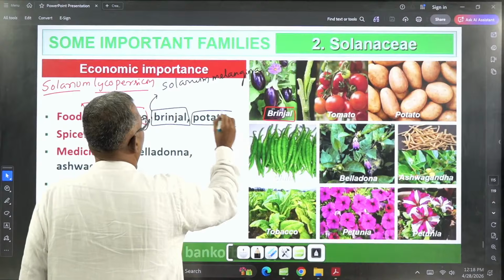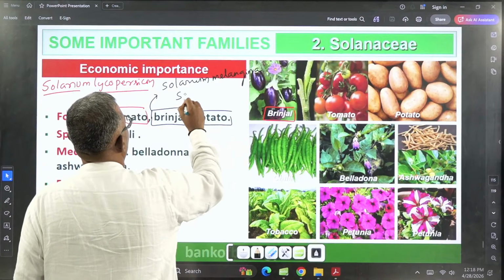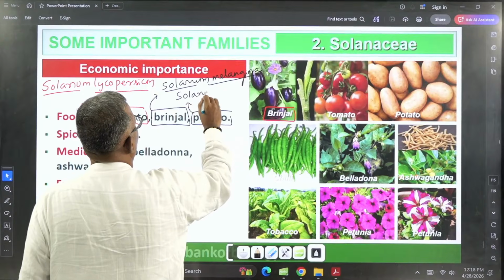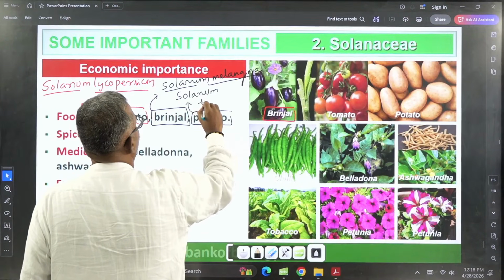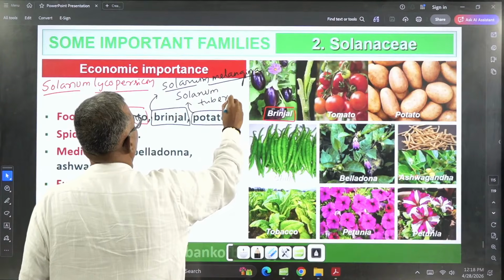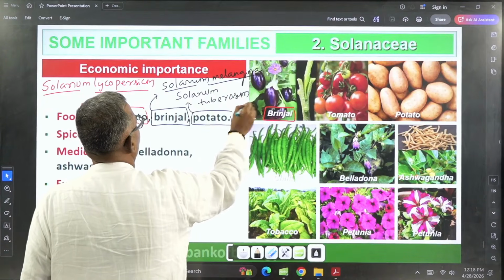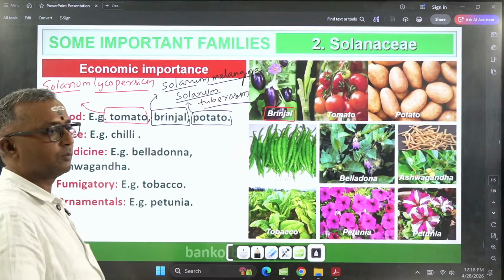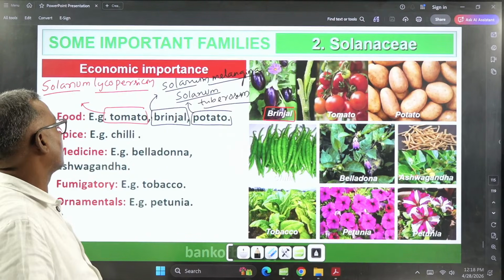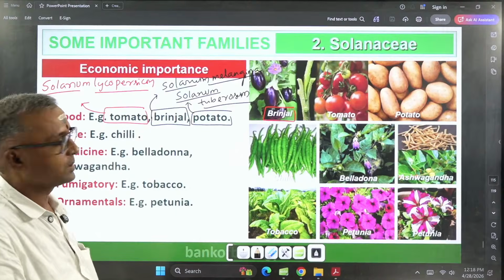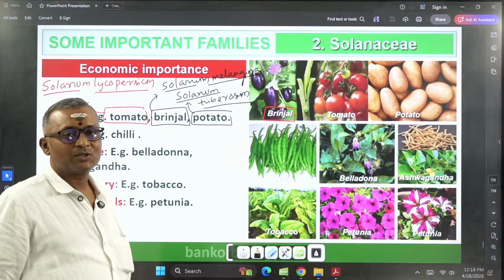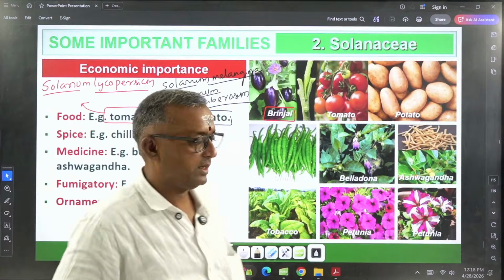And potato, it is Solanum tuberosum. Solanum tuberosum is potato. And we are using chili as a source of spice, right?